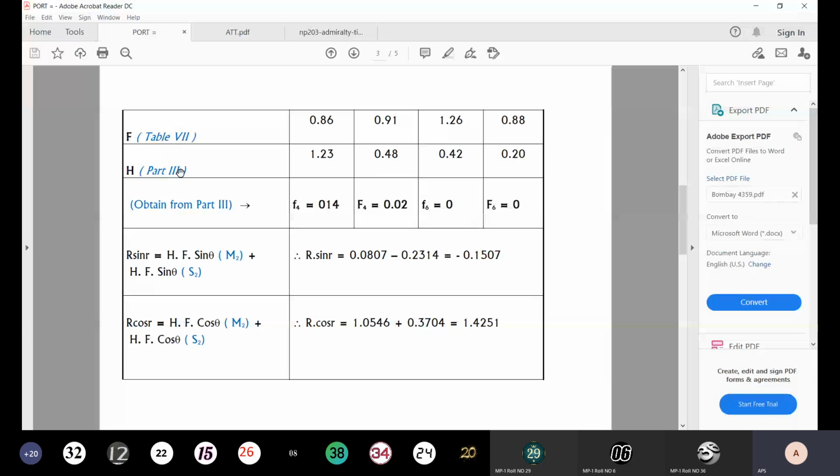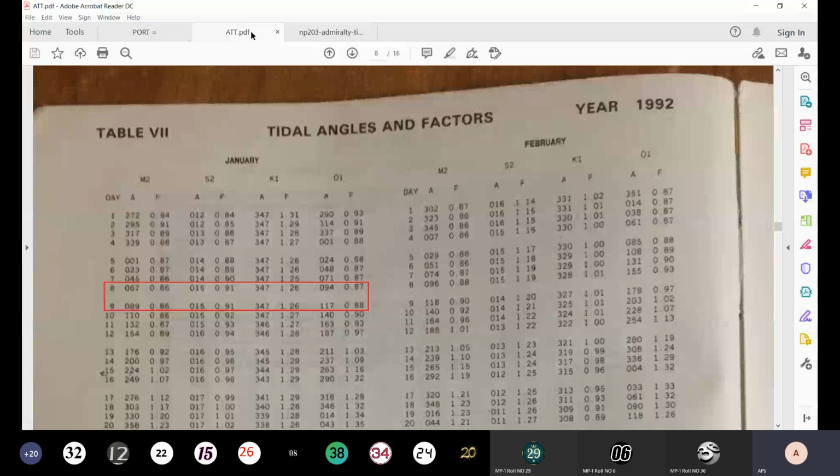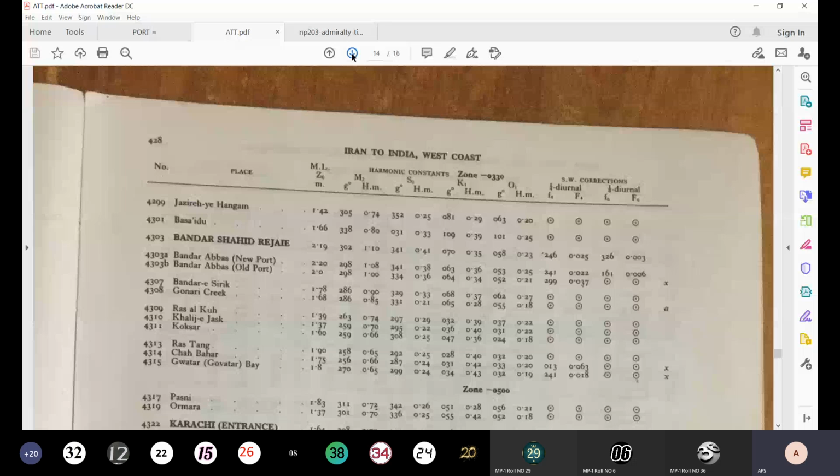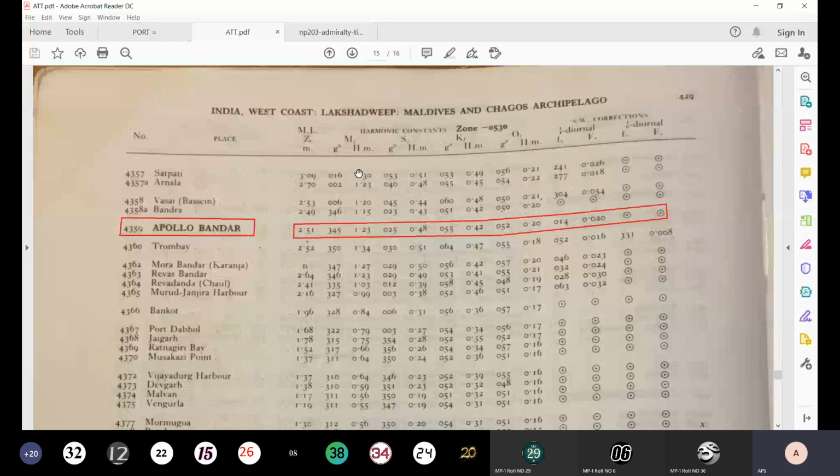Next is to find out the value of capital H from part 3. Can you see here capital H in part 3 under M2 is 1.23, this one. Capital H in part 3 for the M2 column.